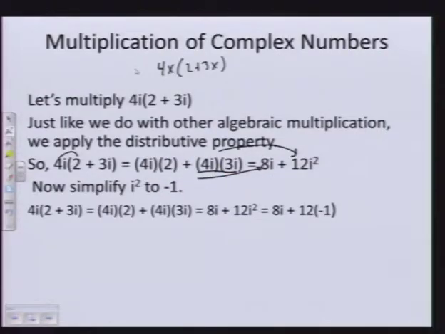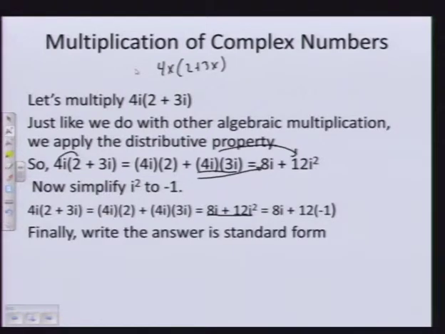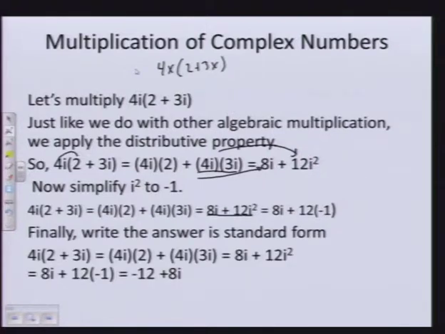All right, so we got down to this stage right here where we had 8i plus 12i squared, and now we're going to replace i squared with negative 1. So we have 8i plus 12 times negative 1. Well, we're almost there. We need to write the answer in standard form. So we multiply 12 times negative 1 to get negative 12.